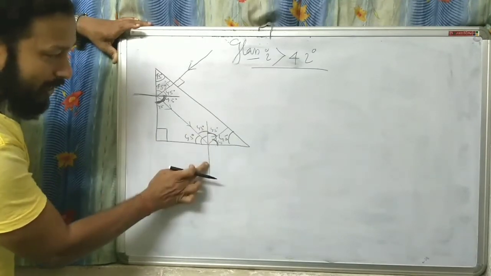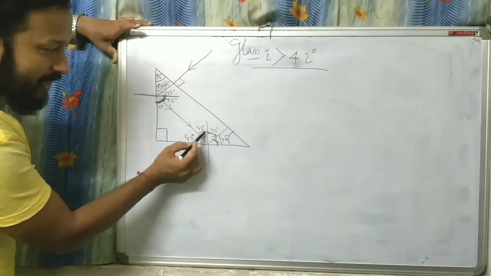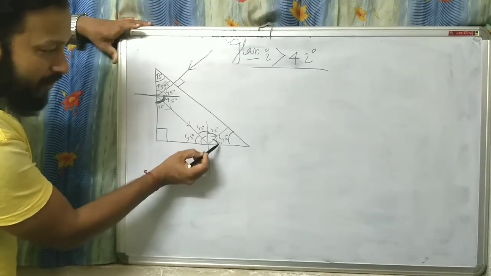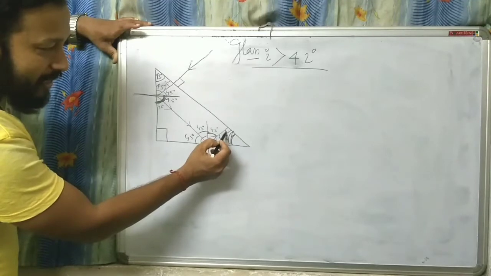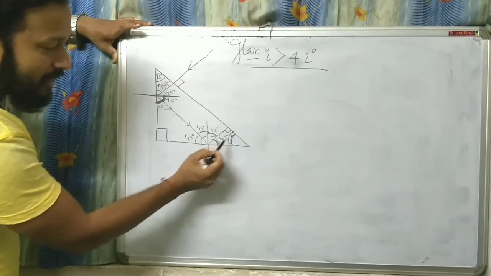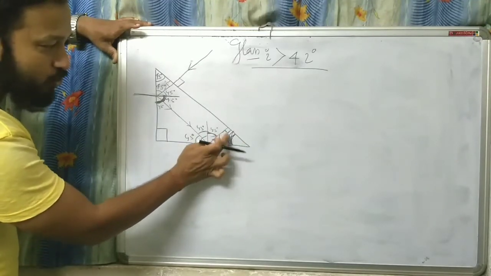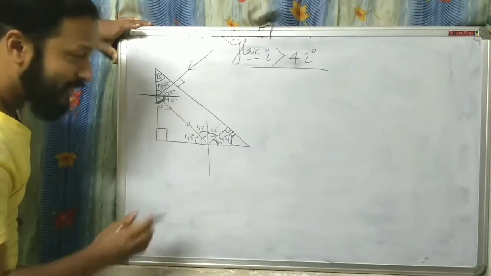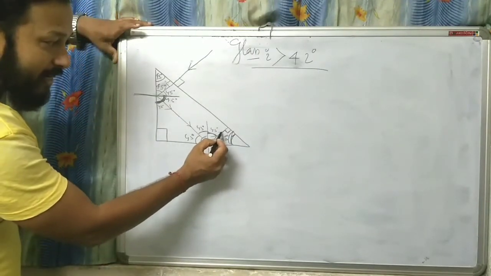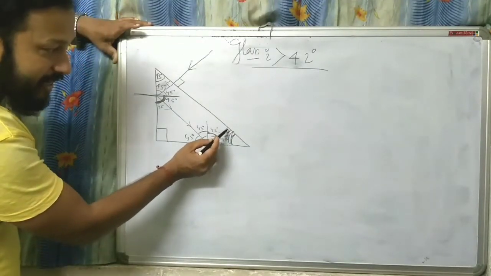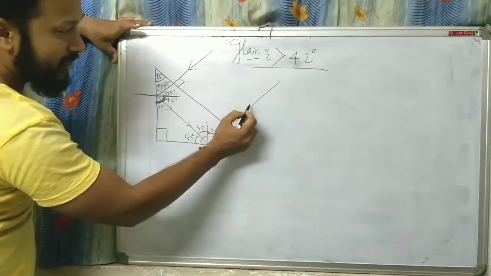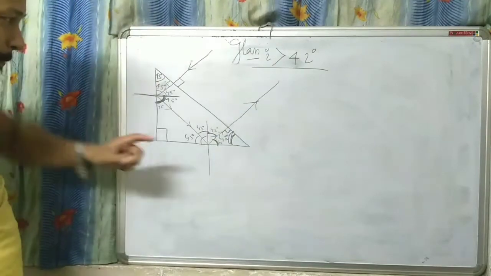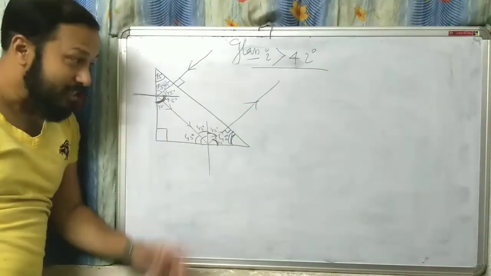Because normal total is 90 degree. So this much is 45, this is also 45. So this has to be 90 degree, because in this triangle the sum of all the three angles has to be 180 degree. Now since the ray is coming at 90 degree with the surface, it will go straight like this. See, this is the figure.